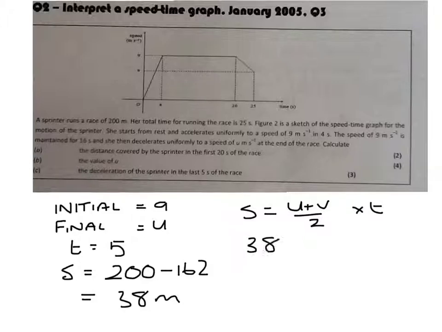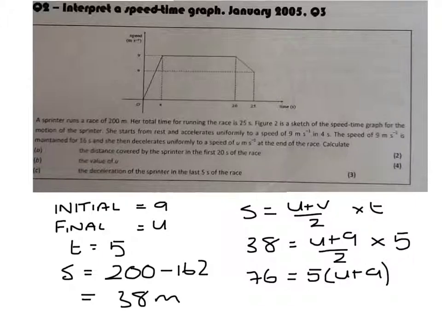So 38 must equal (u plus 9) over 2 times 5. 76 equals 5 times (u plus 9). 15.2 equals u plus 9, so u must be 6.2 meters per second.